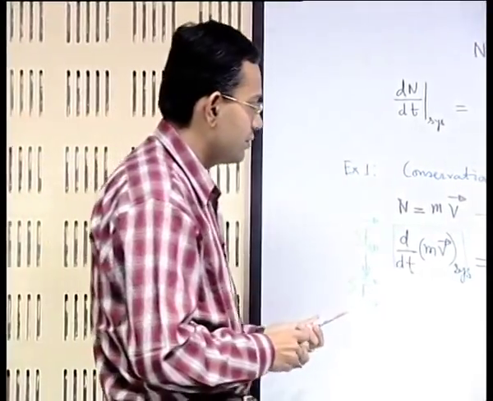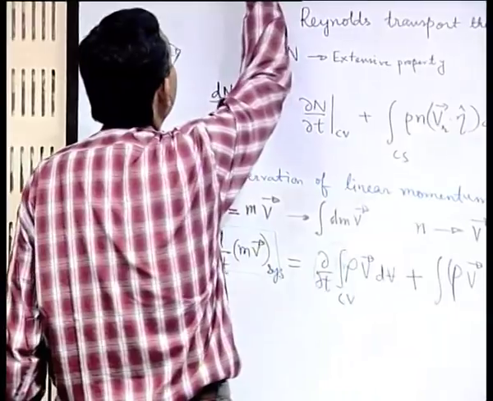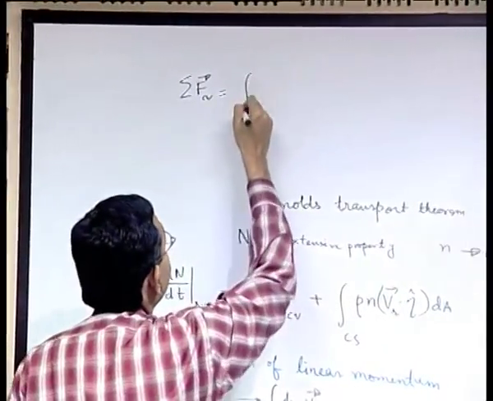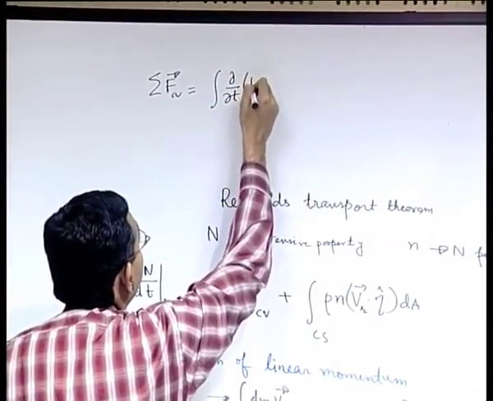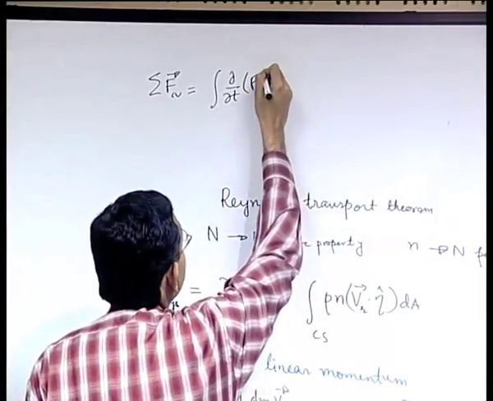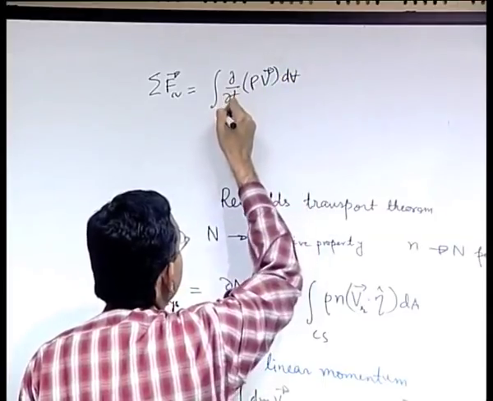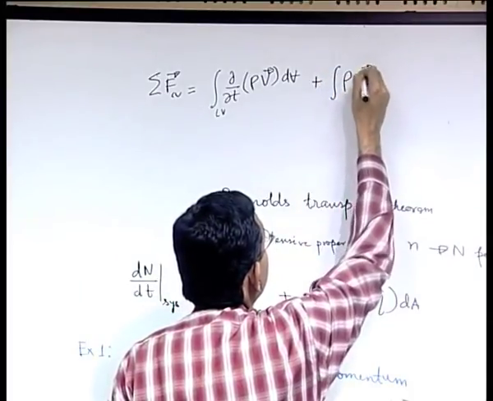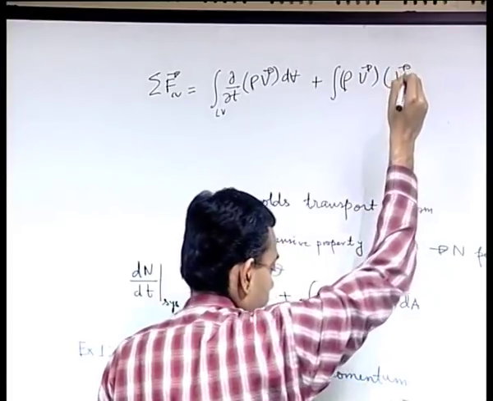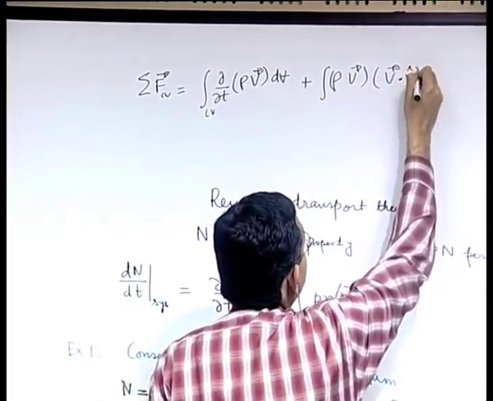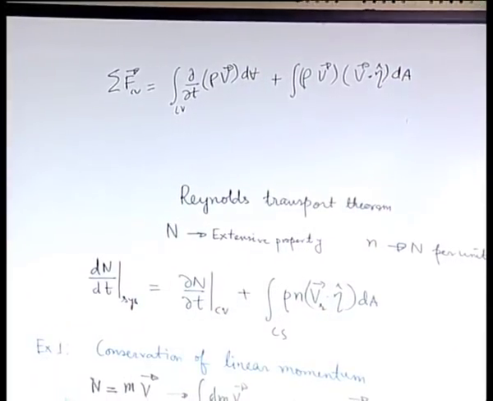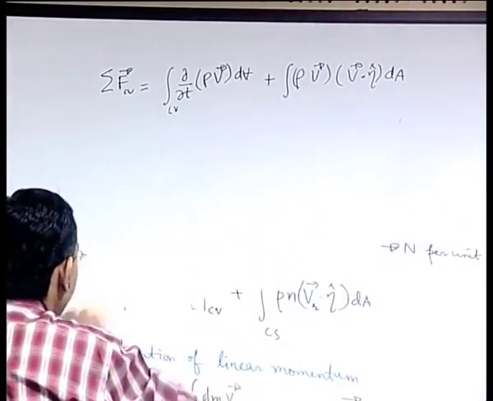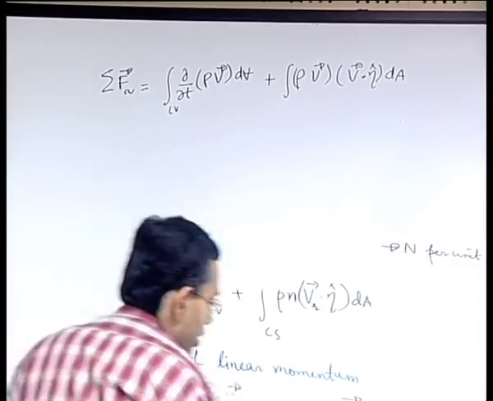So we can write that the resultant force acting on the control volume is equal to, so this is the basic integral form of the equation of conservation of linear momentum.